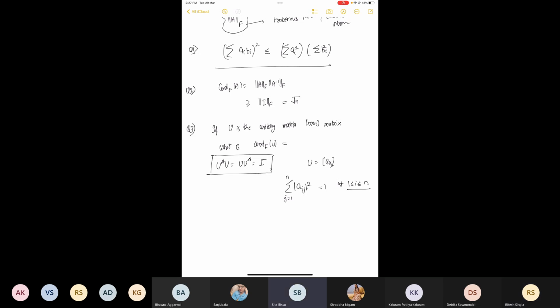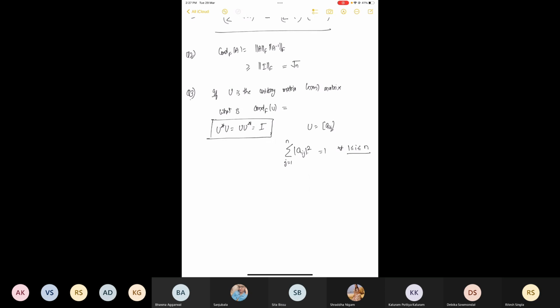So now the Frobenius norm of U is nothing but summation i running from 1 to n, summation j running from 1 to n, a_ij square, whole power 1 by 2, which is nothing but summation i running from 1 to n of 1, power 1 by 2, which is square root of n, right?